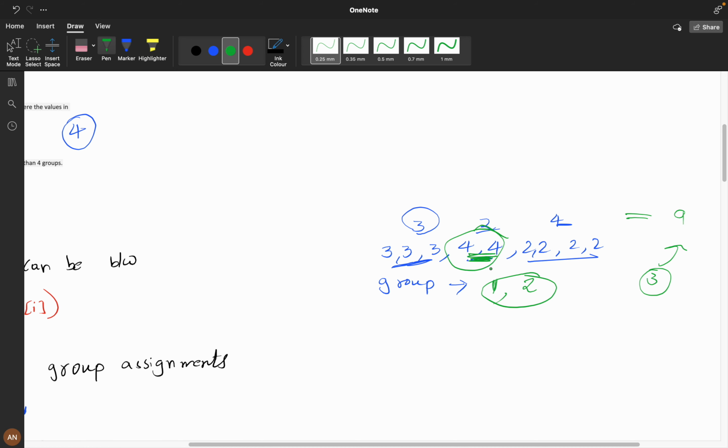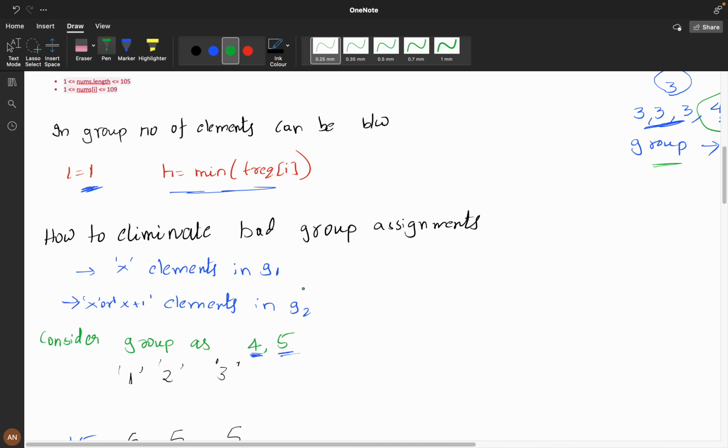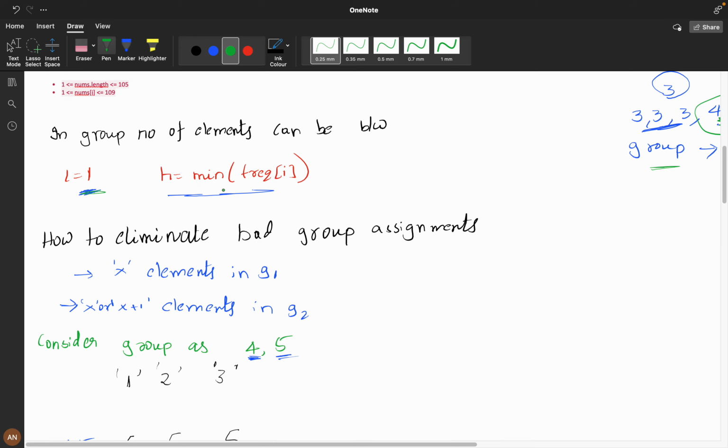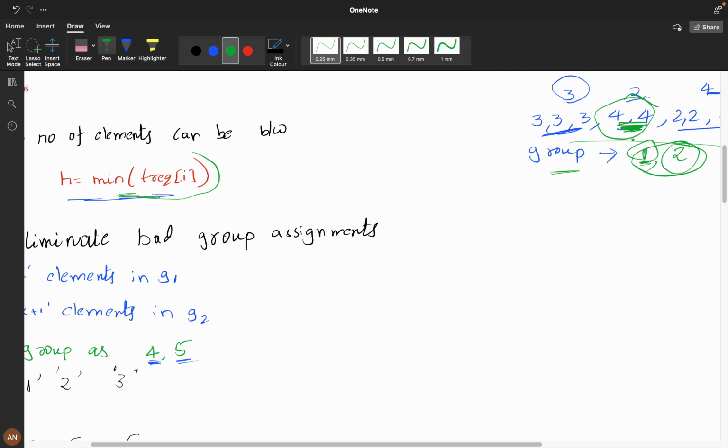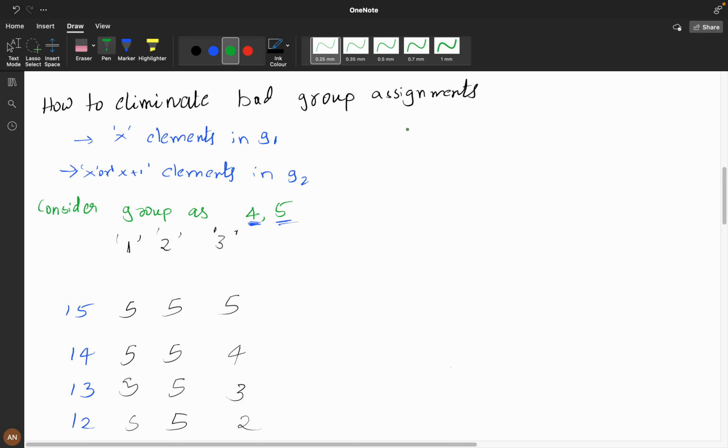This 4 will definitely fail, because it cannot be distributed into groups of three elements. So a group can have 1 element or maximum 2, not 3. So my low will be 1 and high will be the minimum of the frequencies of all of these. Now let's see how we can eliminate the bad groups.